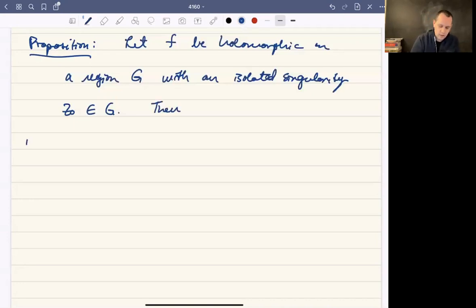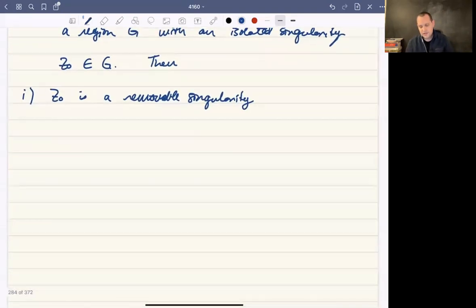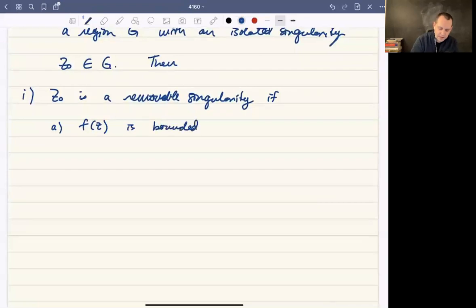Then z naught is a removable singularity. We talked about definitions, but this is just a bunch of equivalent ways to think about how these definitions all fit together. So z naught is a removable singularity if either f of z is bounded on G except at z naught.